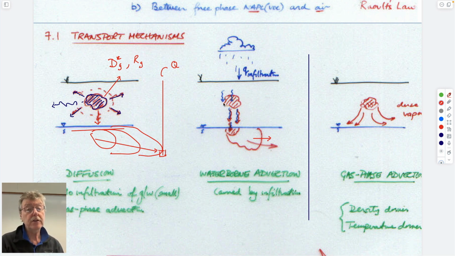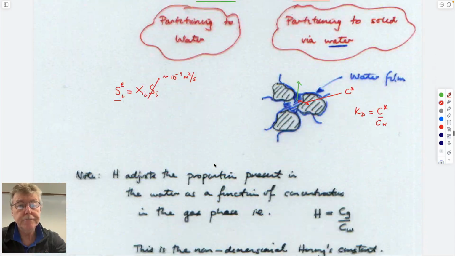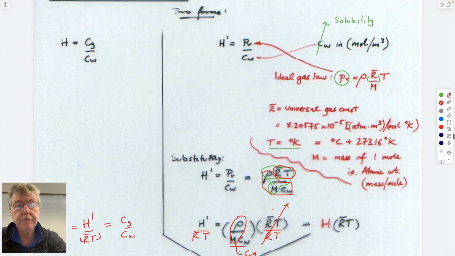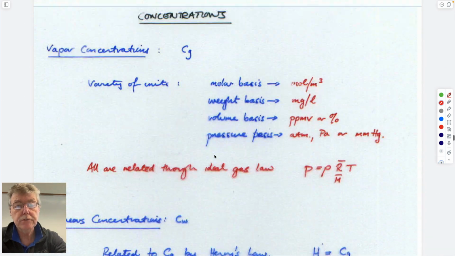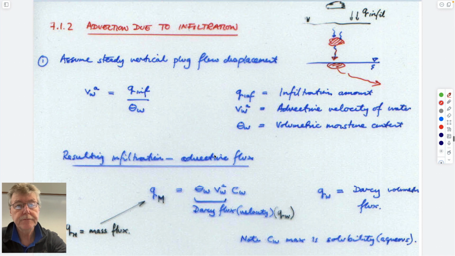So how do we do this calculation, and how do we use the various values of retardation? I guess we won't use this when we do that, but we'll use retardation coefficients. So what we'll do is a couple of simple calculations, and they're actually for Borden, the site that we looked at for the natural gradient tracer tests. And that is this.